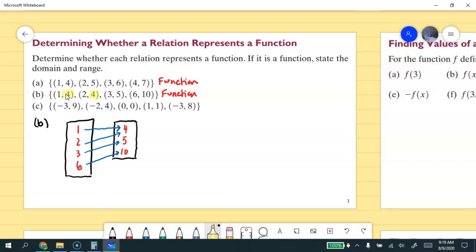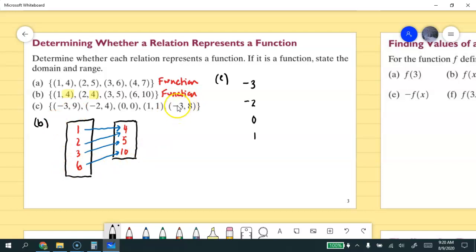Now let's focus on letter C. In letter C, it says (-3, 9). Doesn't seem to be a problem with that. If you like the technique in letter B, you can do the same thing. You can set up a column of inputs: -3, -2, 0, 1. And here's the problem that we're probably going to experience in a little bit.